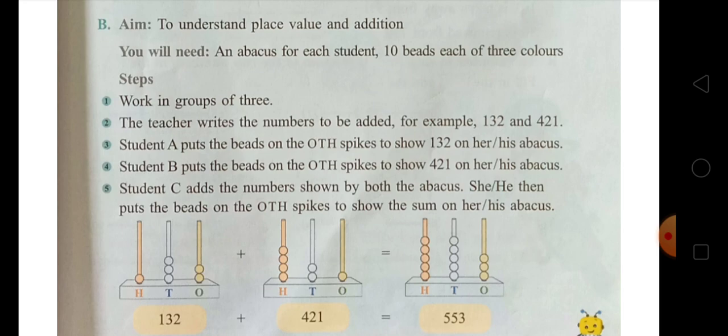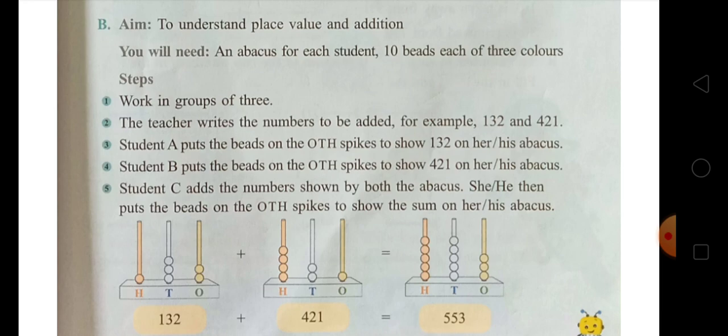Steps: work in groups of 3. Firstly, you have to work in a group of 3. The teacher writes on the blackboard numbers to be added, for example 132 and 421. After that, student A puts the beads on the ones, tens and hundreds spikes to show 132 on his abacus.